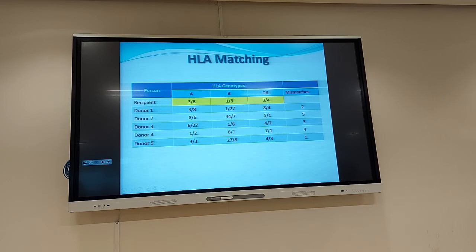So here the conclusion is that donor number 5 is the ideal donor. So in A there's no mismatch compared to the recipient and the donor, because even though the recipient has allele 8, the donor is identical in terms of being homozygous for 3.